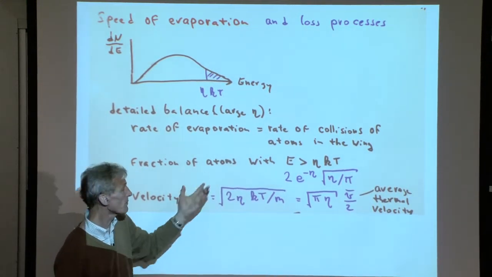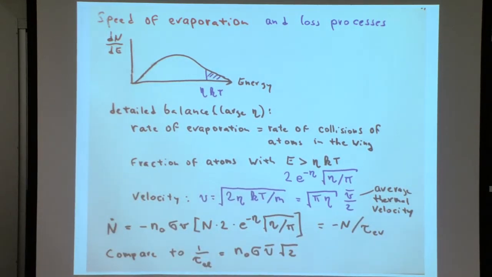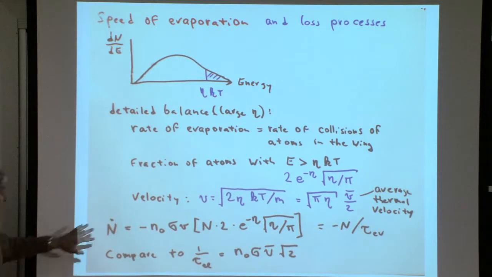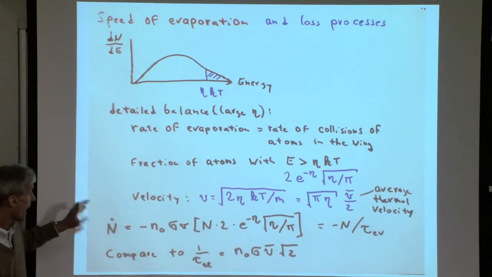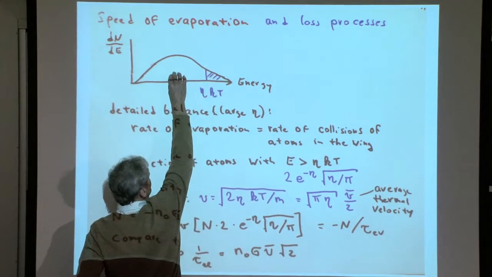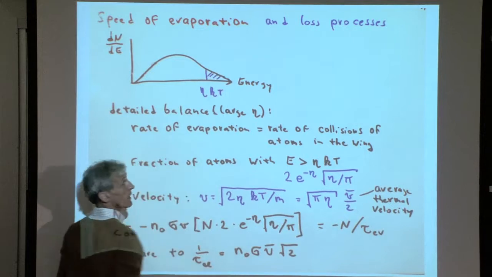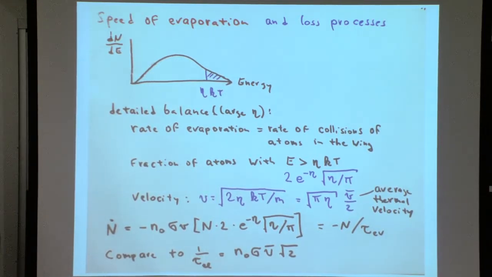So by simply multiplying the fraction of the atoms with the collision rate, we find how many atoms per unit time are removed from this tail. And in detailed balance, it means the same number of atoms is replenished into the tail.